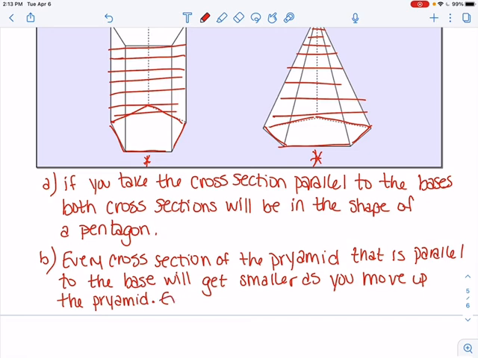Every cross section of the prism will be the same size.